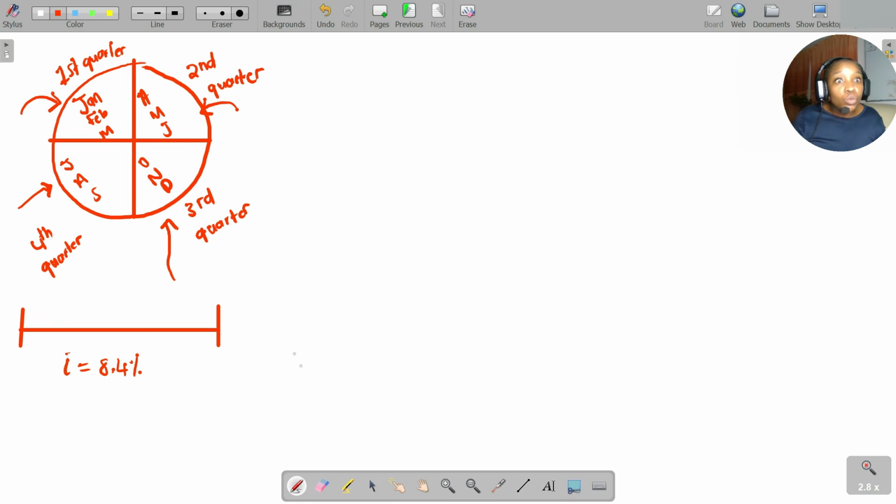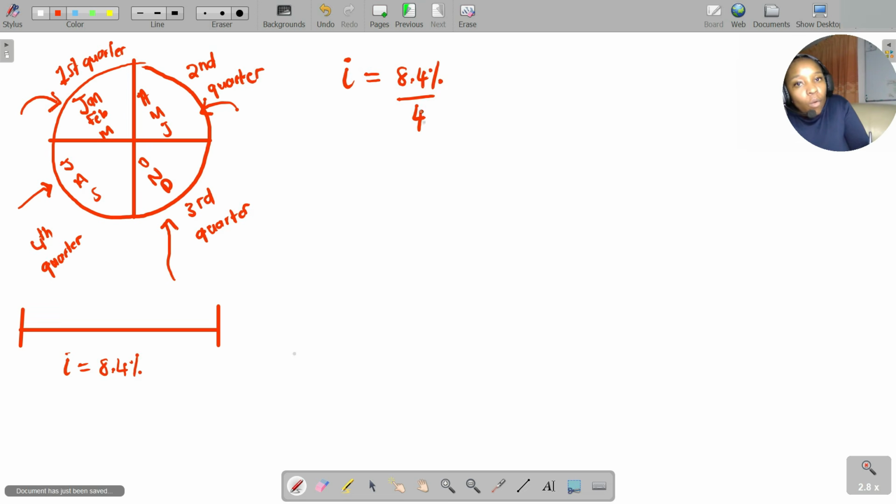So what do we need to do to get the interest rate that is added every quarter? We take that interest rate of 8.4% and divide it by 4, because it's added every quarter. If you take 8.4% and divide it by 4, you will get 2.1%.